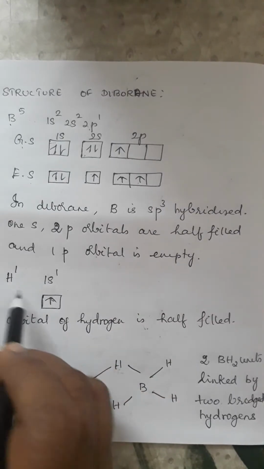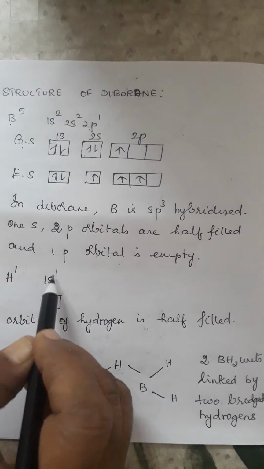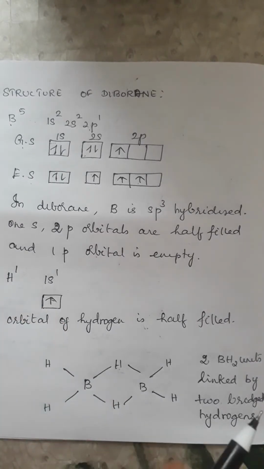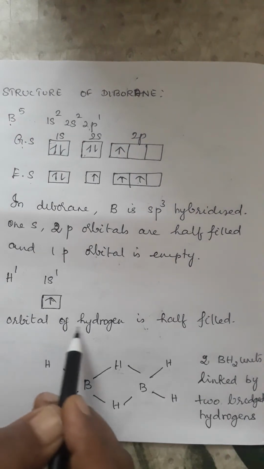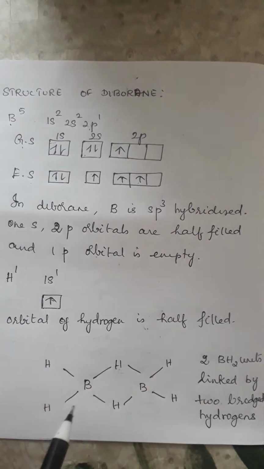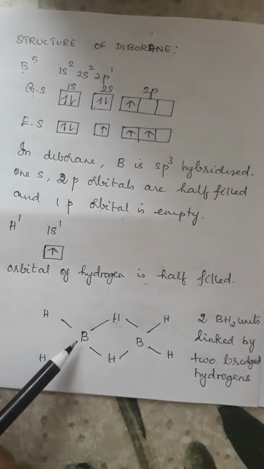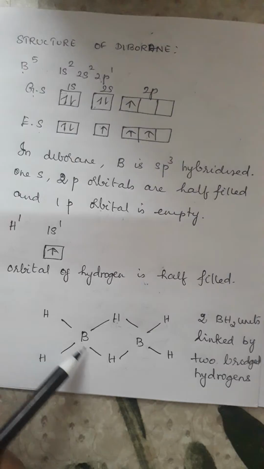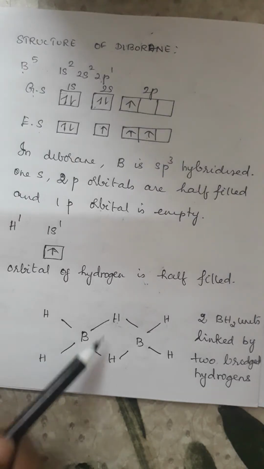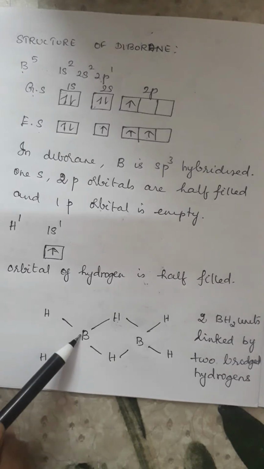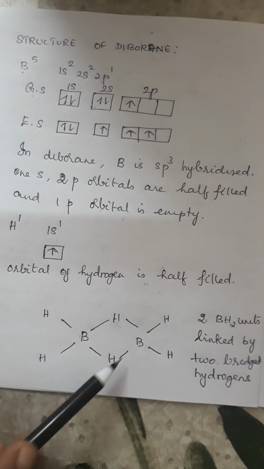Now take hydrogen. The electronic configuration is 1s1, therefore it contains only 1 electron in the s orbital. Then we can say the orbital of hydrogen is half filled. This is the structure of diborane: one boron bonded with 4 hydrogens and another boron also bonded with 4 hydrogen atoms, but these 2 boron atoms are linked by 2 bridged hydrogens.